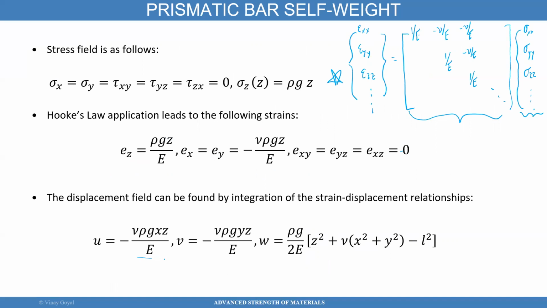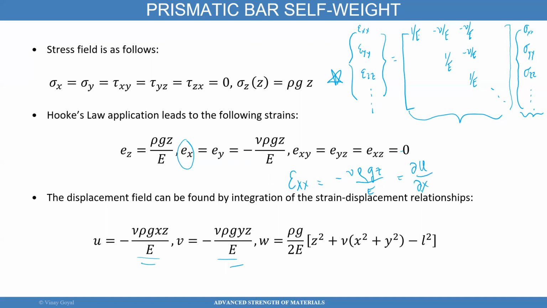Now you can calculate the deflections too. How do I do that? Well, we can take this example here, epsilon XX. Epsilon XX is minus nu rho g z divided by E. Well, this is also partial u with respect to x, right?